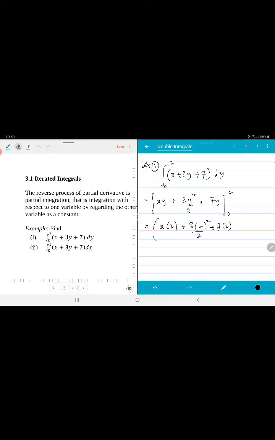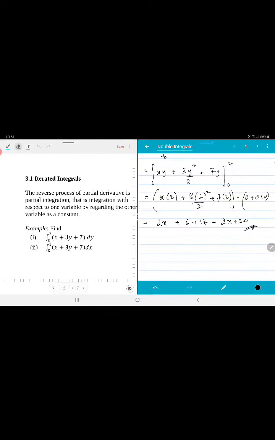That's the upper limit. Minus the lower limit, replacing y with 0, we get 0. So simplify this, we get 2x plus 6 plus 14, which is 2x plus 20. So that is partial integration, where we hold the other variable as constant.